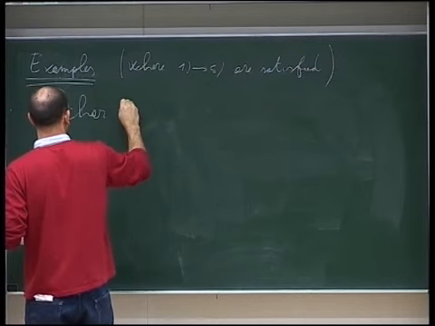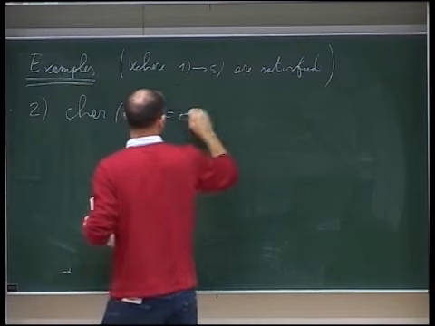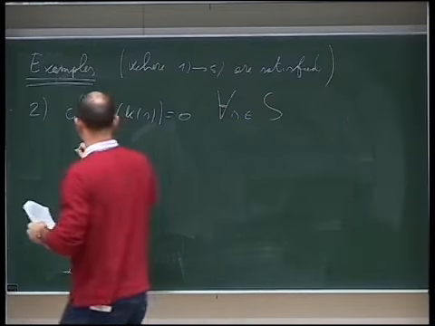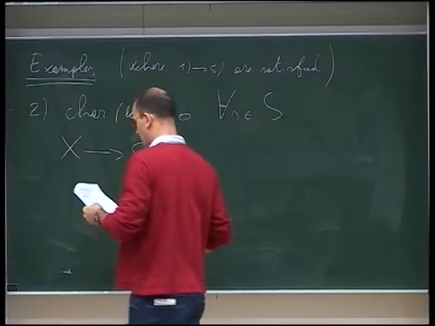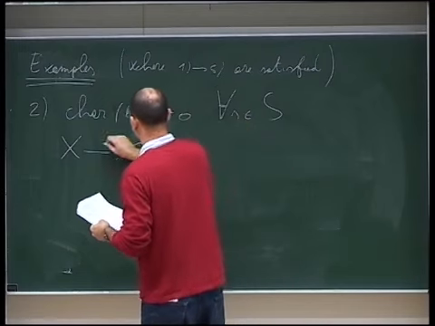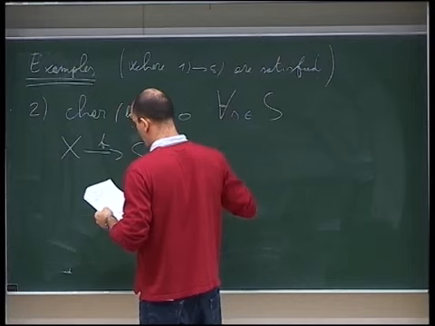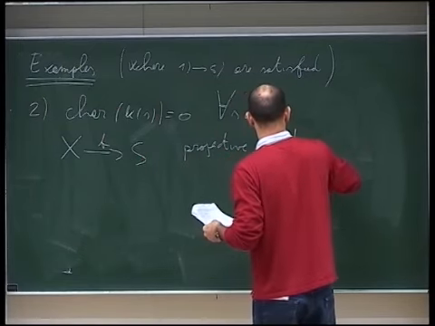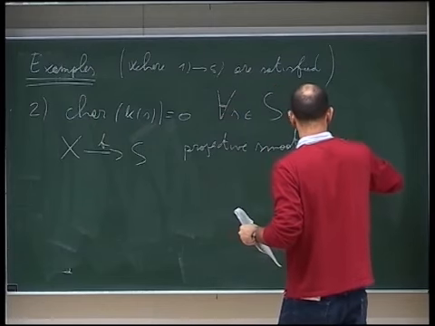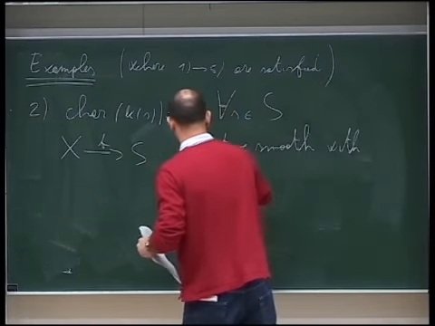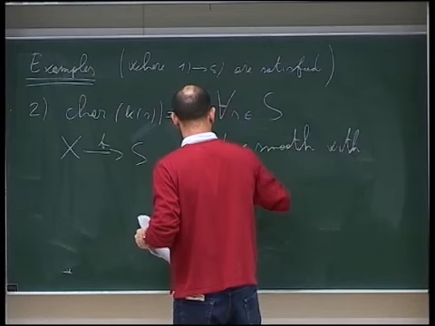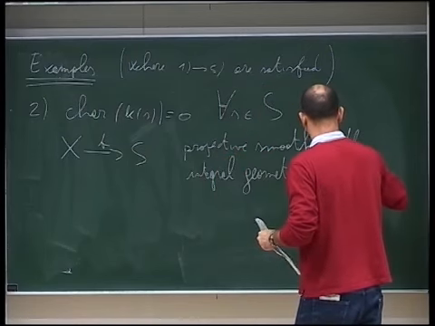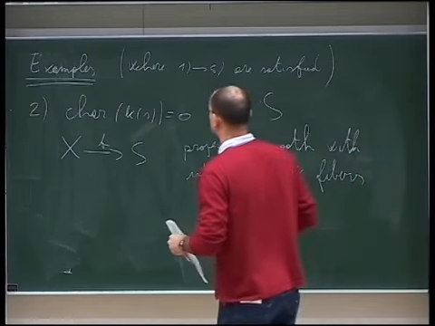So if you have characteristic 0 and X over S, we need some assumption on this morphism: it is projective and smooth, and we need the integral arithmetic either, and X connected.